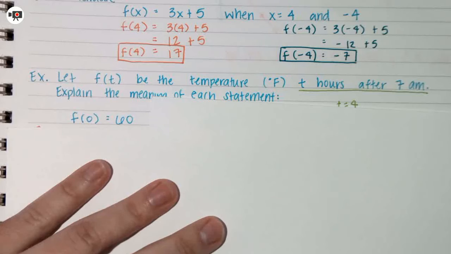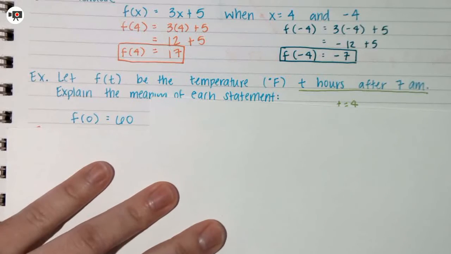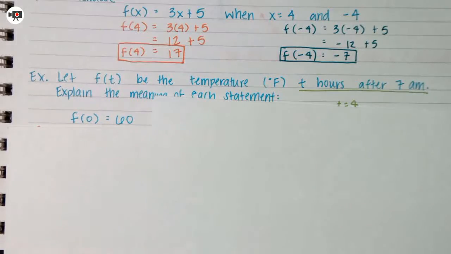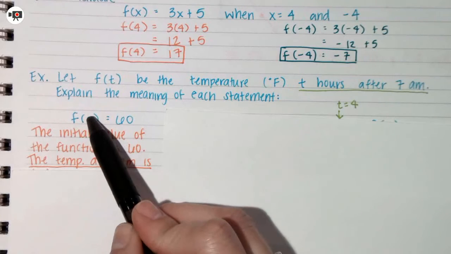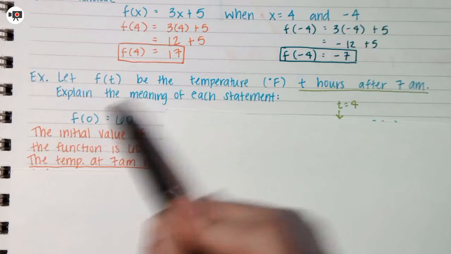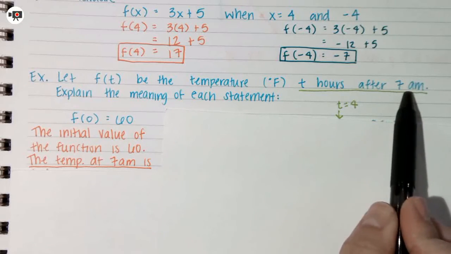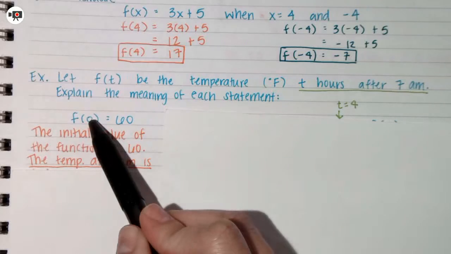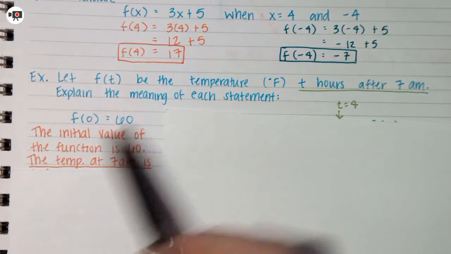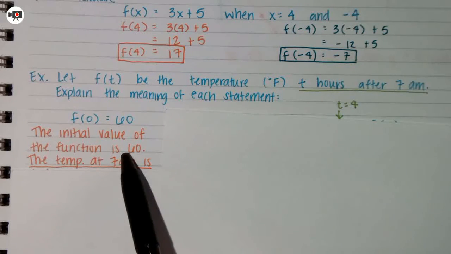So I have f of 0 equals 60. This means the initial value of the function is 60. So when I have 0 hours after 7, it is 7. I don't go anything beyond 7. That's 0. My initial value of the function is 60.